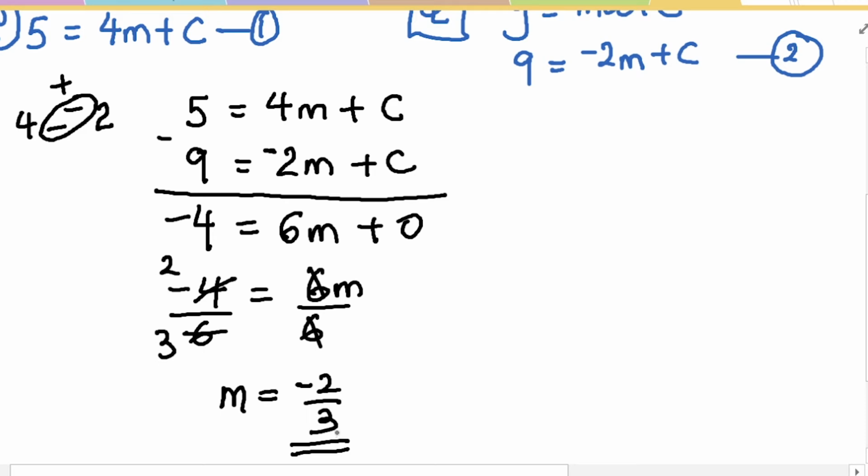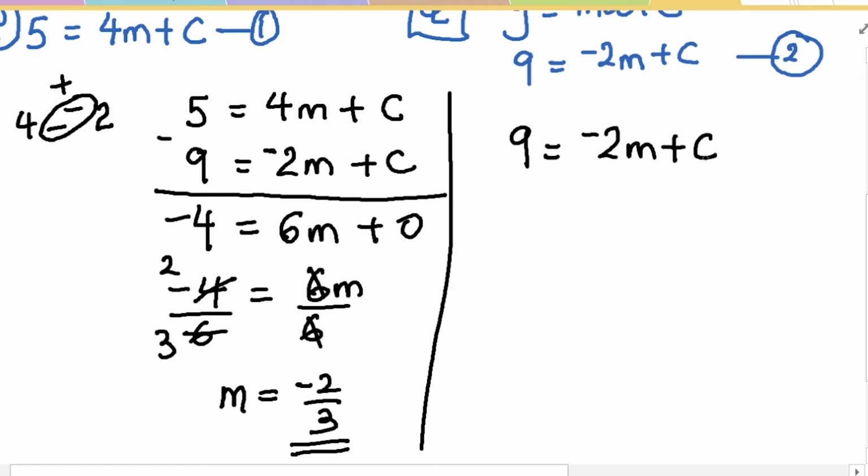After getting that, we can go ahead and find our value of c by substituting into any of the equations that we used earlier. I've just chosen one of the two equations: 9 is equal to -2m plus c.